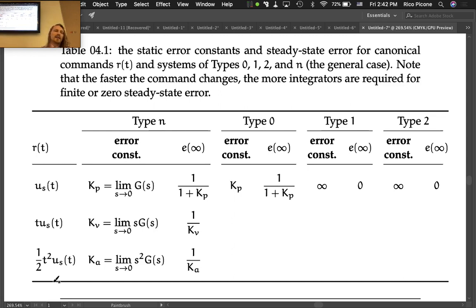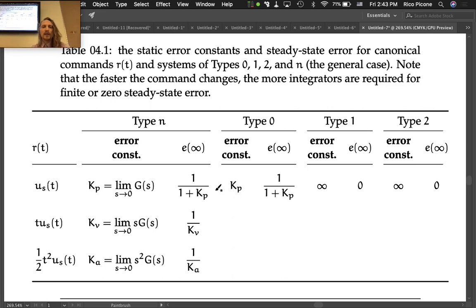I don't really care; the names are not important, really. I think they're a little bit misleading because it doesn't have to be position. It can be any variable you're controlling. It's thinking in a mechanical way, which is okay, but we like to think of systems in a more general way. So we have these general formulas, and we're going to apply them to a type 0 system, type 1, type 2.